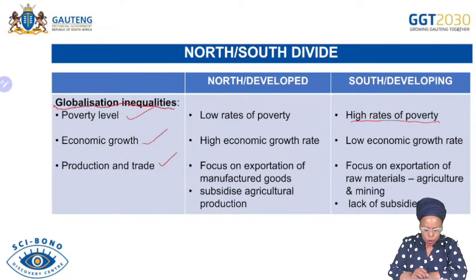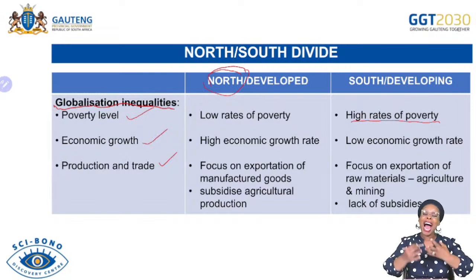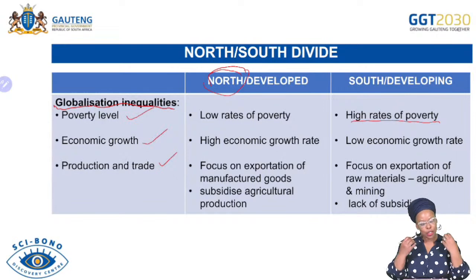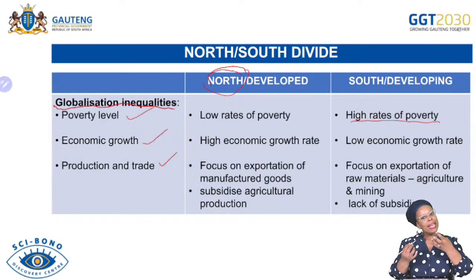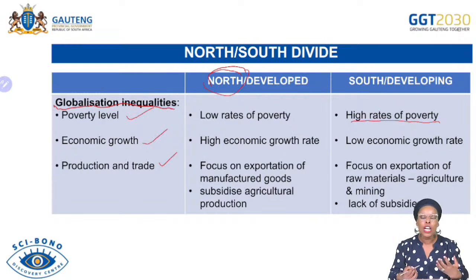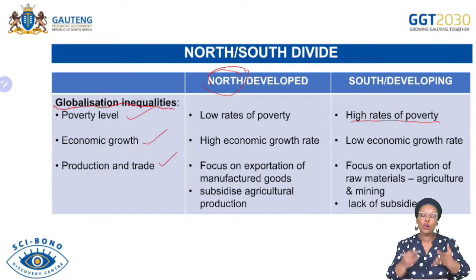Okay, so let's look at economic growth. Countries from the north, they are highly industrialized. They have many industries. So as a result, remember that industries produce goods in larger quantities. So the more goods are produced, the more the economic growth will grow.